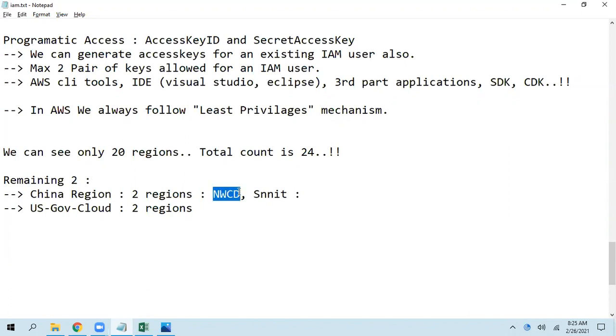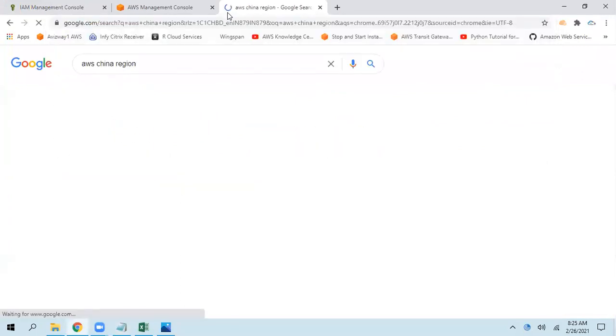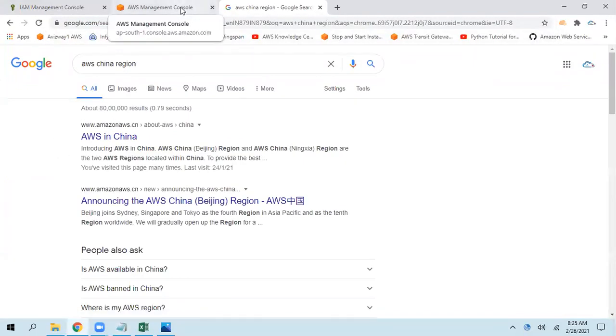One region is managed by NWCD and the other region is managed by the other partner. So how do you use this? You must request an account for the AWS China region. Whenever you pick the AWS China region, you need to request first.